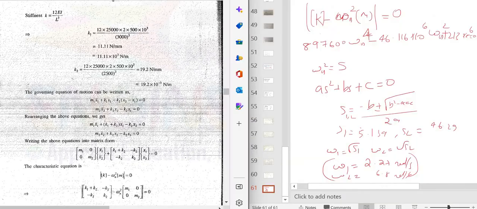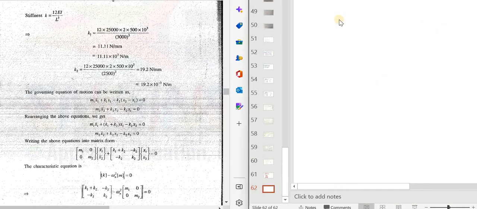This is my first one. Here first I am substituting omega 1. What are this x1 and x2? X1 and x2 means I am having a structure like this, two bays are there, m1. So x1 and x2.